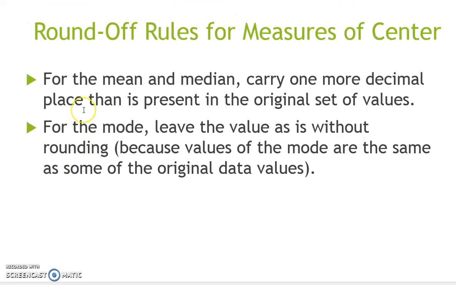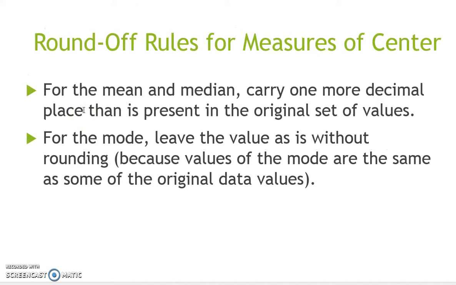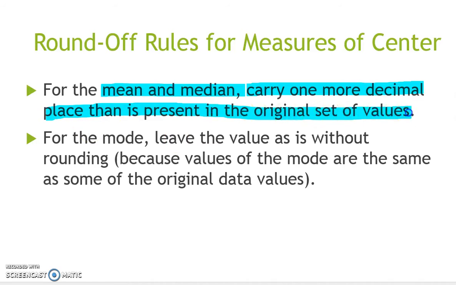Okay, so now let's get into the round-off rules for measures of center, which is something that we have already touched on in the past several examples. For mean and median, we carry one more decimal place than what is presented in the original data set. For the mode, leave the value as it is without rounding.